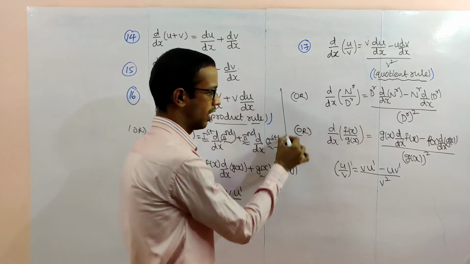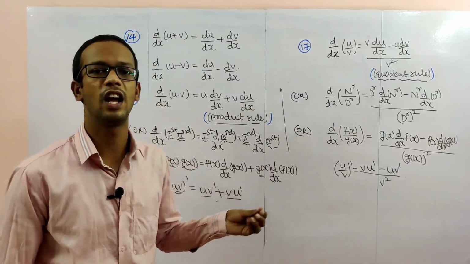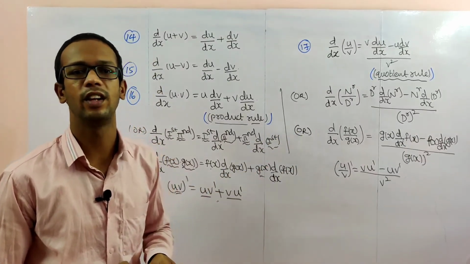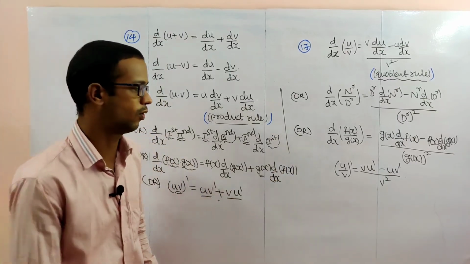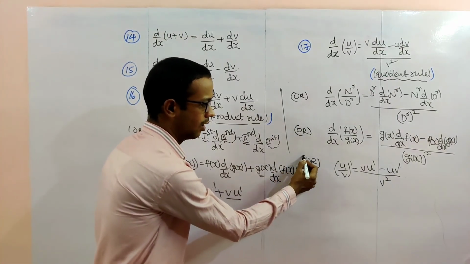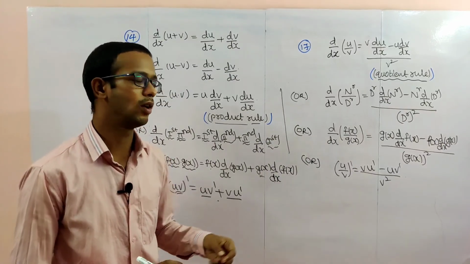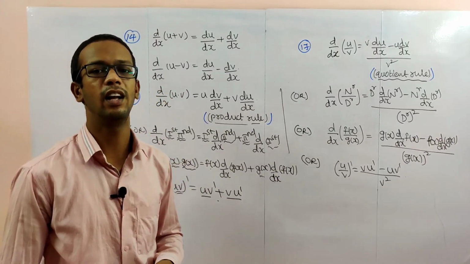We can also write f of x, g of x: d by dx of f of x by g of x is equal to g of x into d by dx of f of x minus f of x into d by dx of g of x, divided by g of x whole square. Or, shortcut: (u by v) whole dash is equal to v u dash minus u v dash divided by v square.